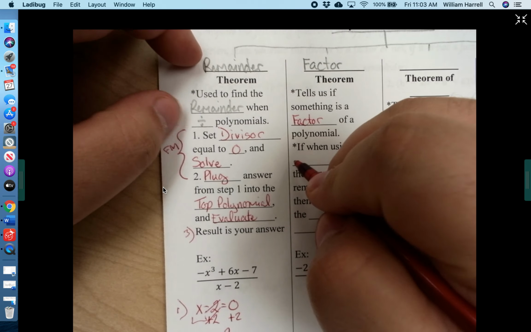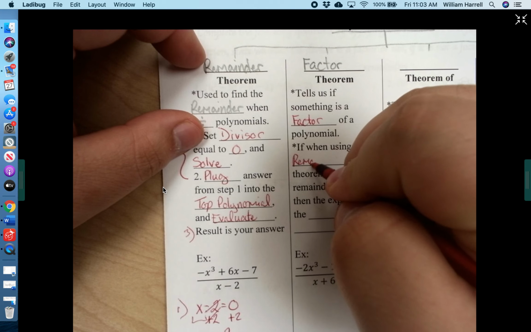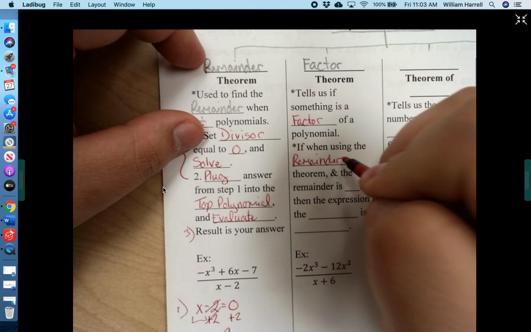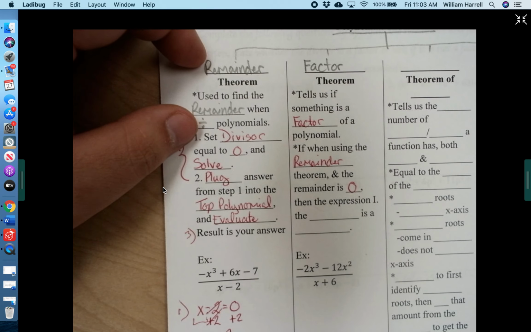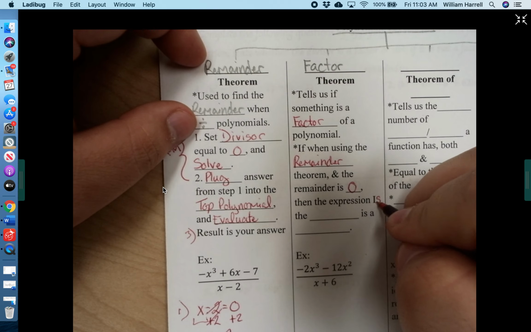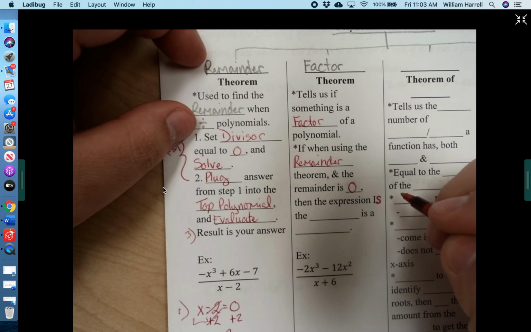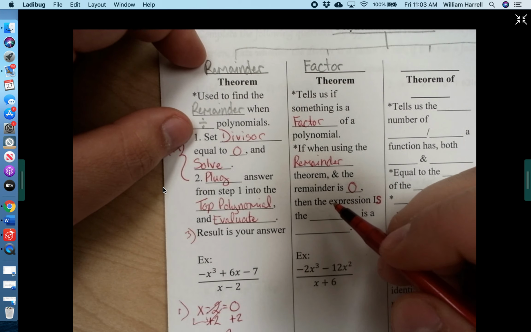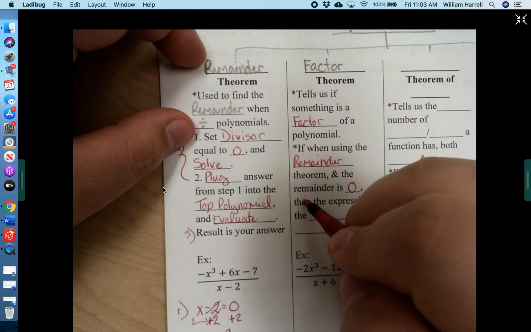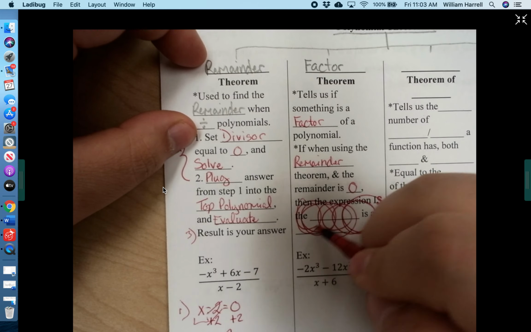So if when using the remainder theorem the remainder is 0, I made a typo here, so cross this out, that's my mistake.